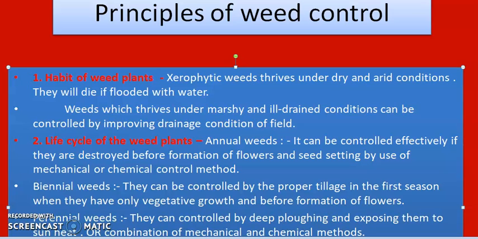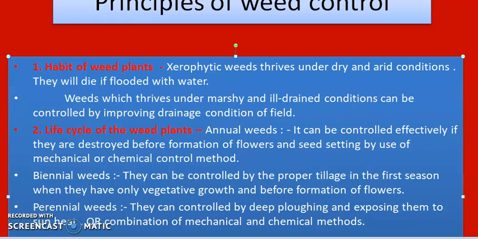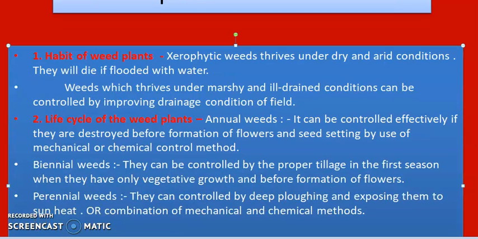They are easily controlled. Then perennial weeds are controlled by the use of deep ploughing, that is the preparatory tillage operations which are given during the summer season, and the field is exposed to sunlight.